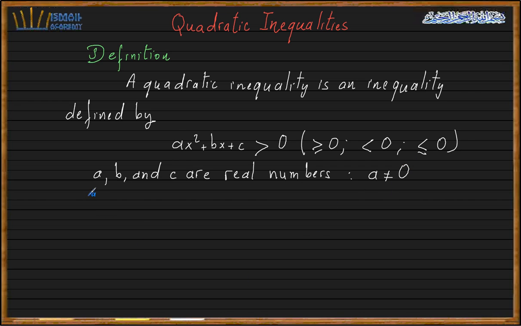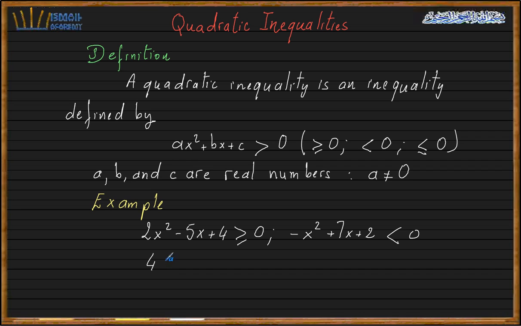So, let me give you an example. 2x squared minus 5x plus 4 is greater or equal than 0, or we can have minus x squared plus 7x plus 2 is less than 0, 4x squared minus 7 greater than 0, or 3x squared minus 7x is less or equal than 0.